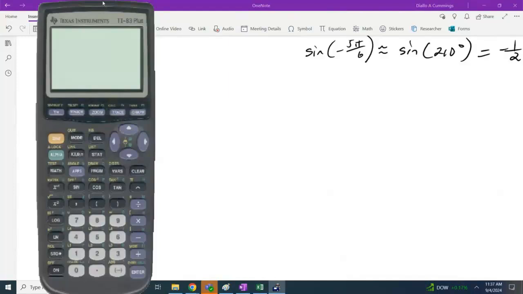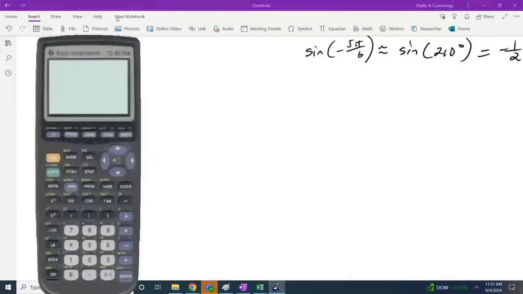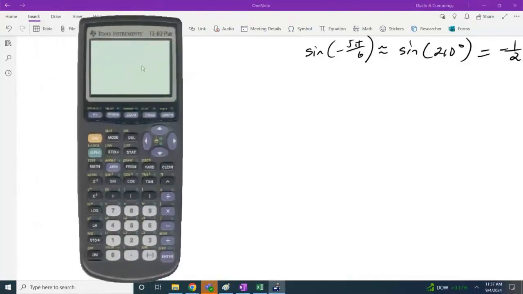And before I do that, in the calculator, I want to talk about these arc functions. You have a sine, a cosine, and a tangent function, right? You also have, this is called an arc sine or inverse sine, which is right above sine.